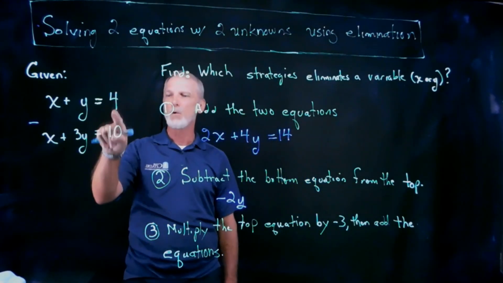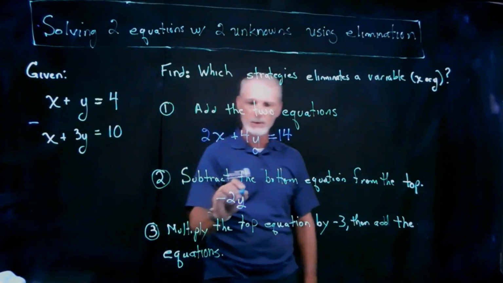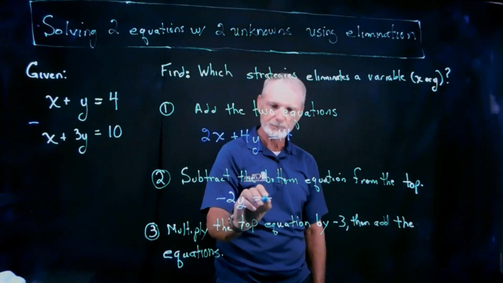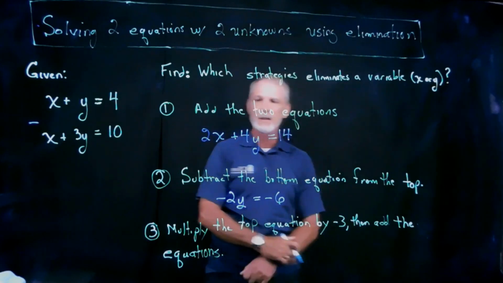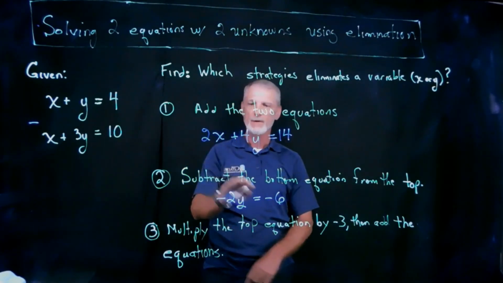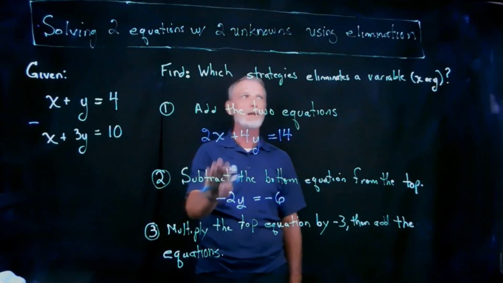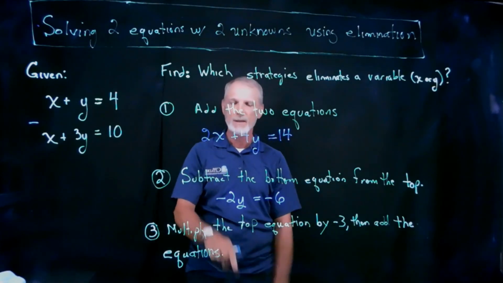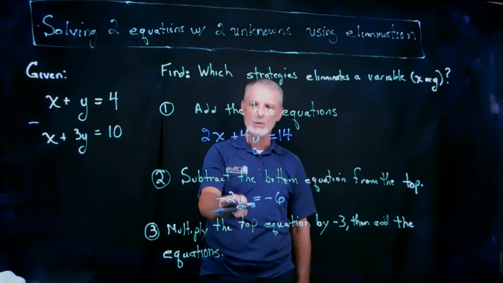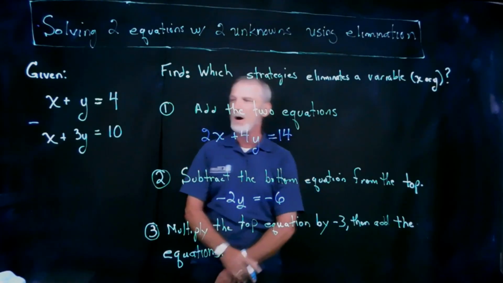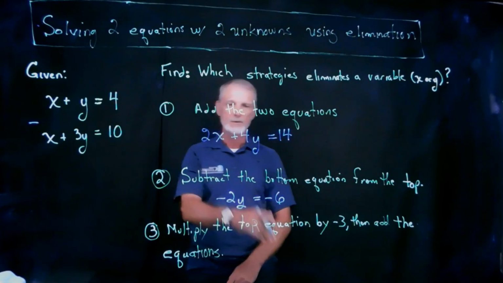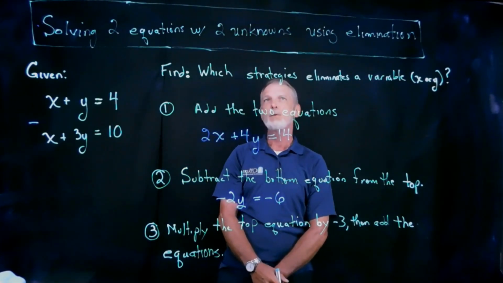And then I'll get 4 minus 10, which will equal minus 6. So we see that by subtracting the bottom equation from the top equation, we've eliminated x in the equation. And therefore, using simple algebra one more step, we could actually solve for y. And it would turn out to be y is equal to 3. But that was not part of the question.